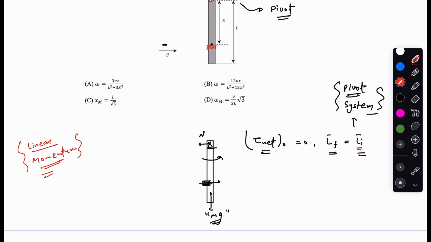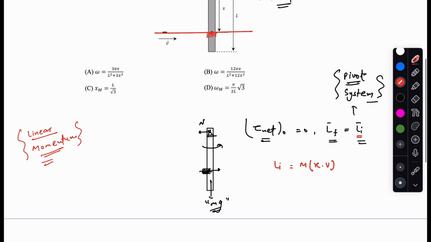calculate the initial angular momentum. Initially only this mass m is moving with velocity v, right? So the initial angular momentum is r vector cross p vector, or otherwise m r vector cross v vector, so m times x v. This is initial.